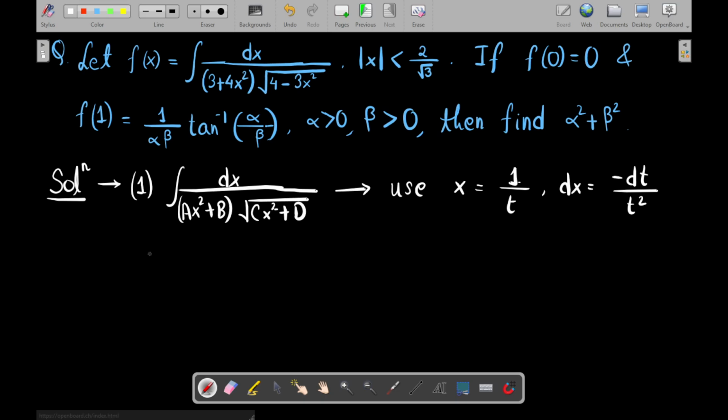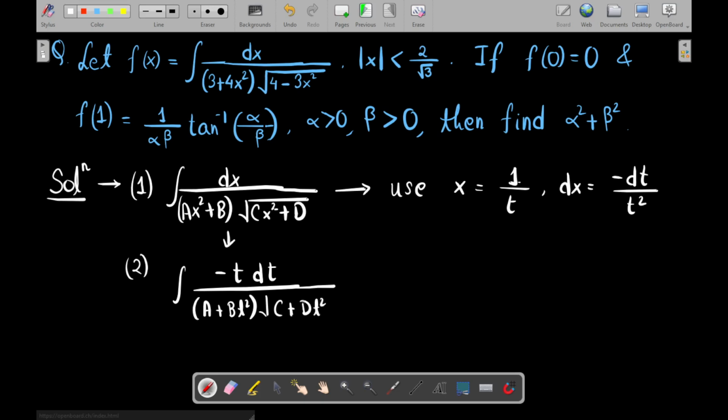Once you do this substitution, this integral changes to an integral of the form minus t dt upon, this x² associated with a now changing to a plus b t², and the x² inside the square root associated with c now becoming c plus d t².